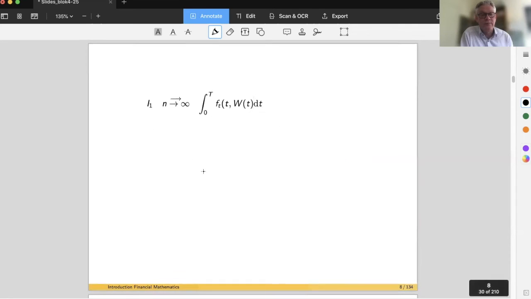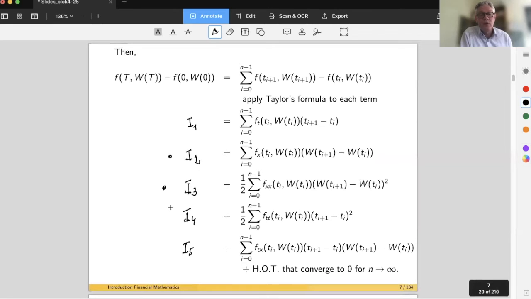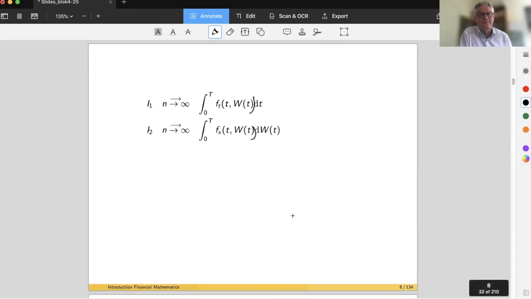The fourth term is this one. No, this is a dt squared term, and we have also seen when we did the cross variation, the dt squared term, we have argued in a previous lecture that this will indeed converge to 0.